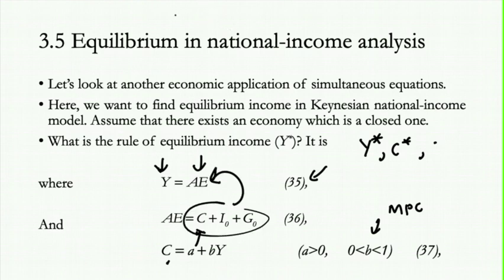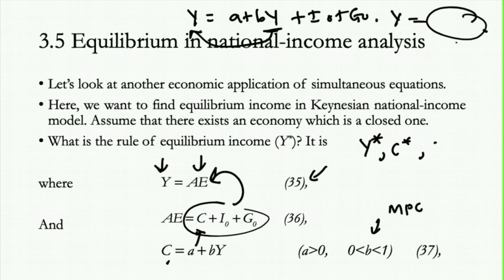Then you get Y = A + BY + I naught + G naught. After that, you bring Y to the left-hand side and solve it, so the left-hand side is left with Y and the rest are the other variables.